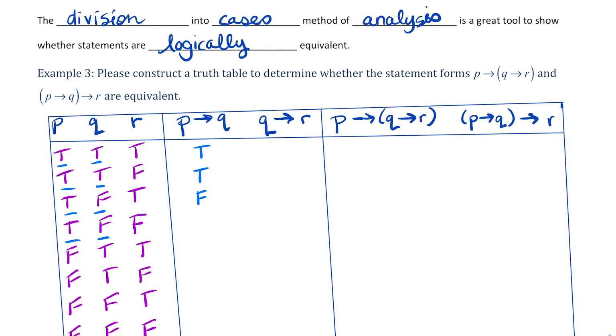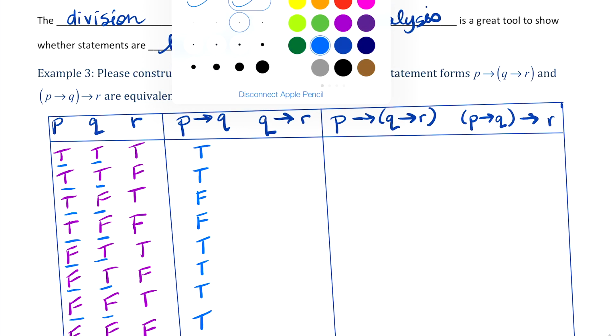We have another true, false. And then the rest of them, since the hypothesis is false, they're all going to be true. It won't matter. Cool, cool? And these are all the ones we were looking at.